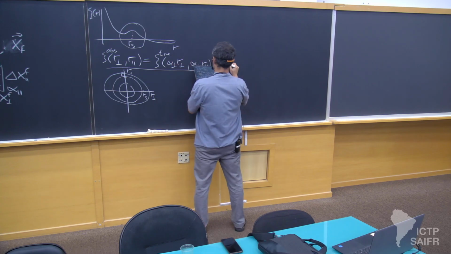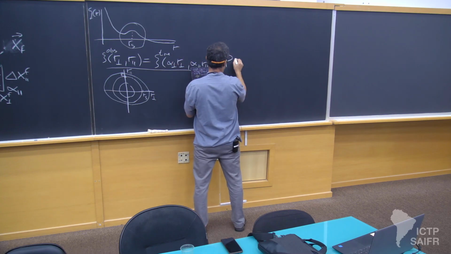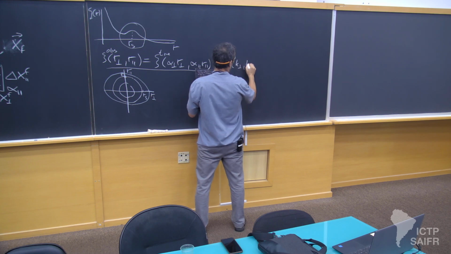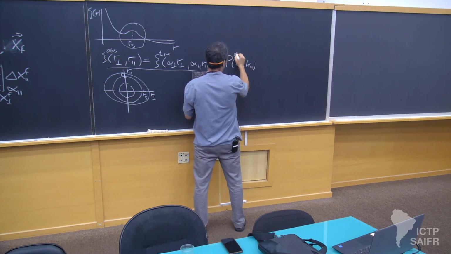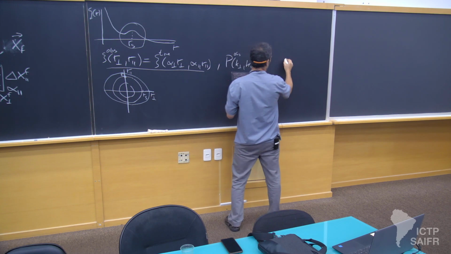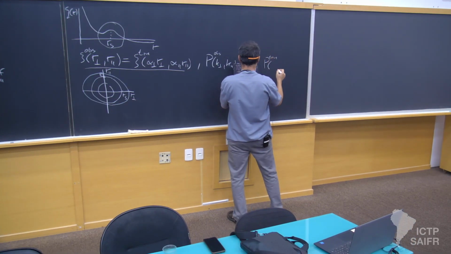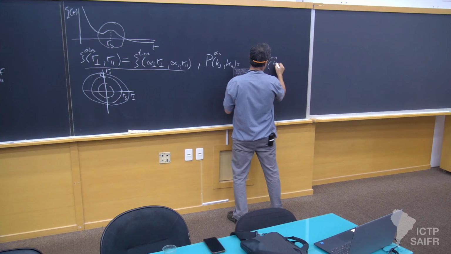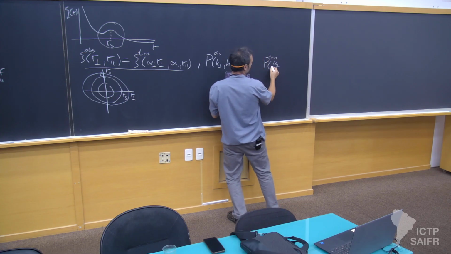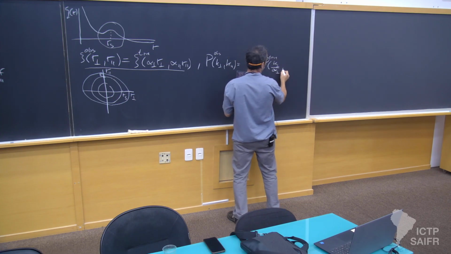So this, the P of k perpendicular, k parallel, the observed one, will be the real one at the stretched values of k, because these are Fourier modes. The alphas now will go in the denominator.